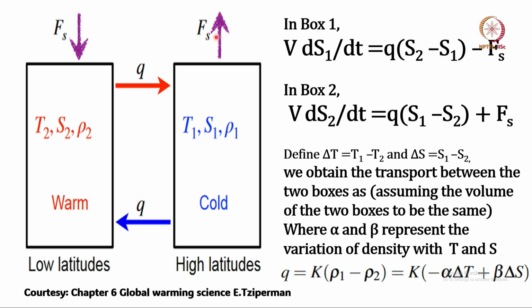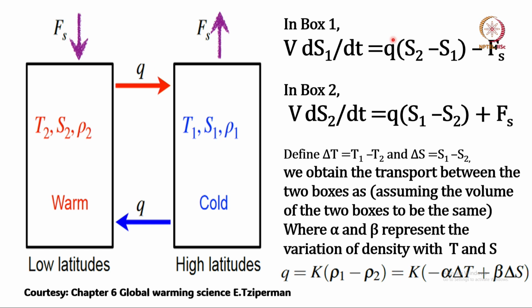Okay. So, in this two box model, we look at the change in salinity of box 1 here due to the Atlantic meridional ocean circulation coming in, and this shows the difference in salinity between the two boxes. Okay, into the flow into the box.